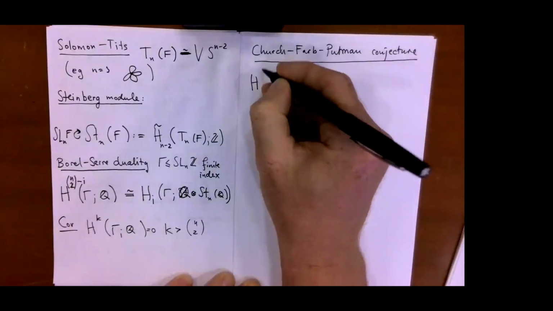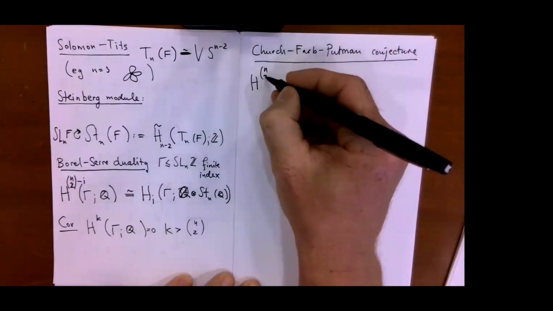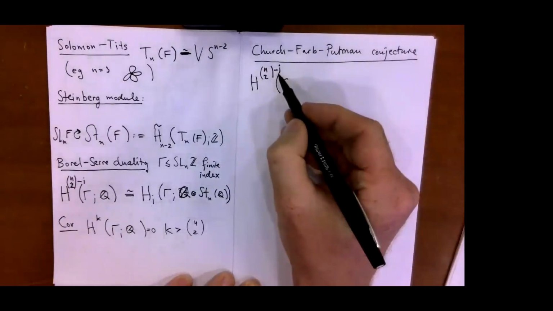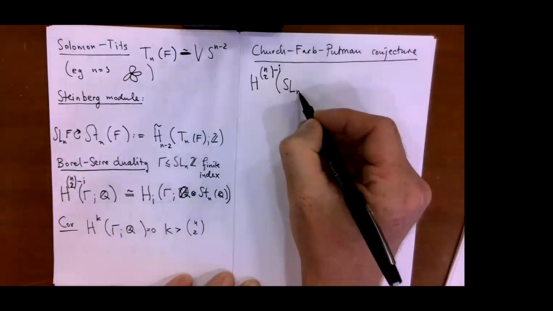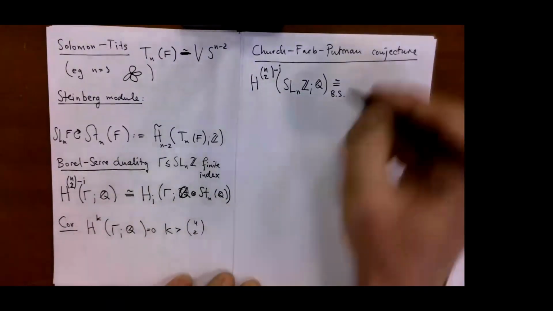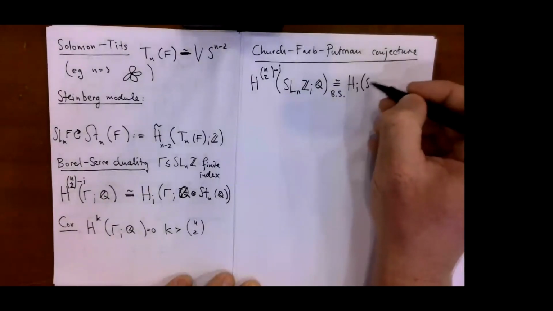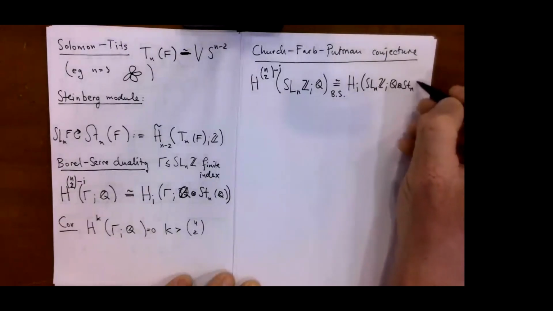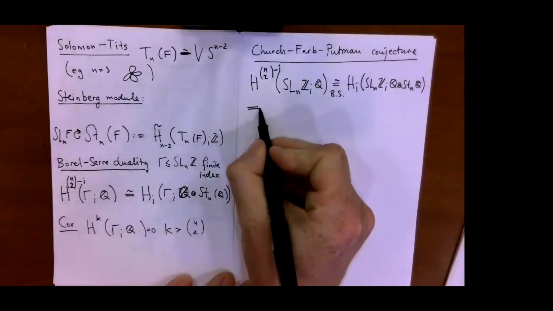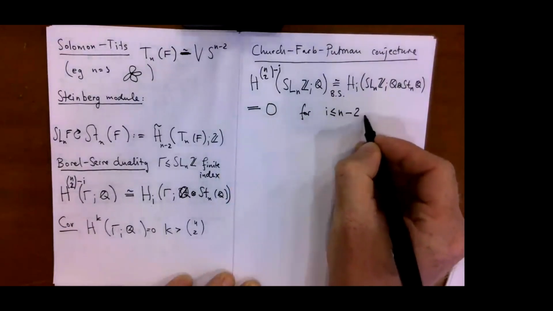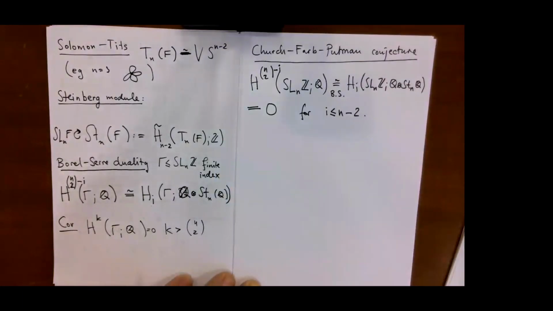And it says that if I take the codimension i cohomology of SL_n(Z) with rational coefficients, or in other words, using Borel-Serre duality, the ith homology with coefficients in Q times Steinberg, then this is 0 for i smaller or equal to n choose 2 minus 2.